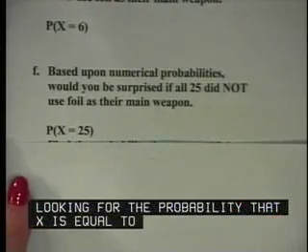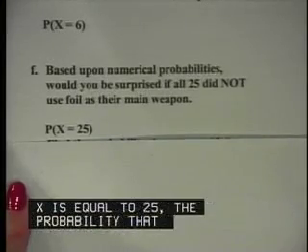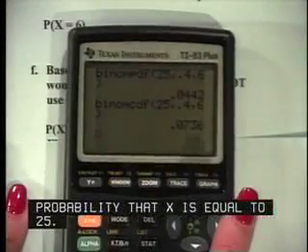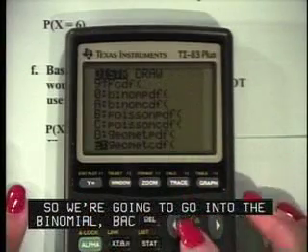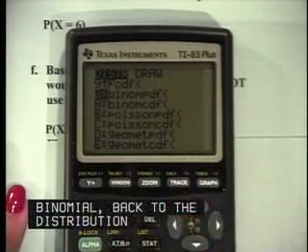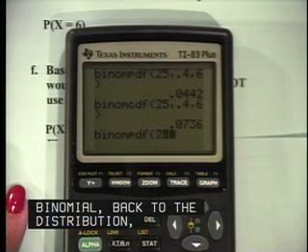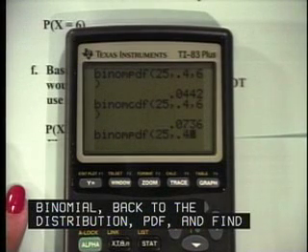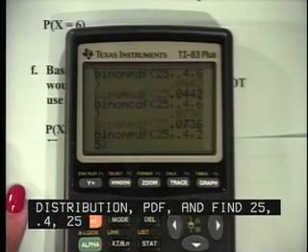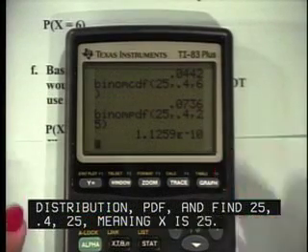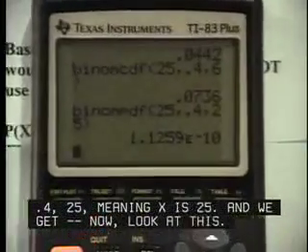So we're going to go into the binomial distribution, PDF, and find 25, 0.4, 25, meaning x is 25.